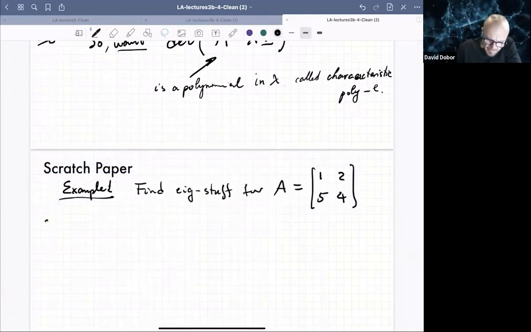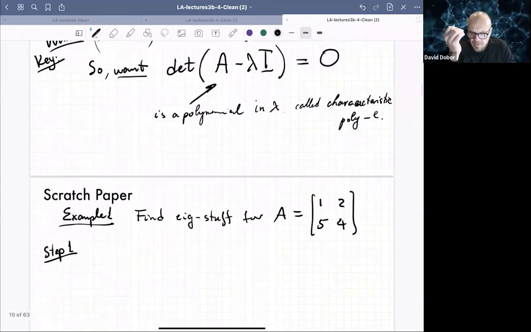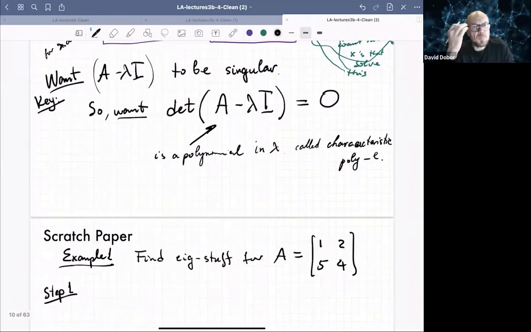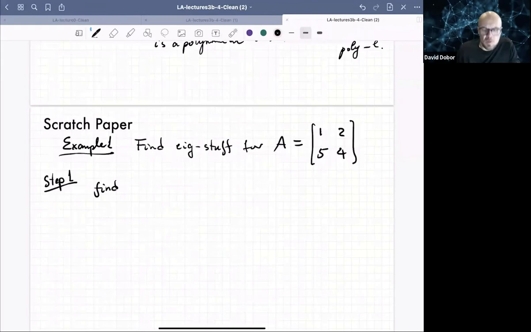Step one, we need to find those lambdas that make the determinant of this thing zero. So compute that determinant and set it to zero and find out which lambdas make the characteristic polynomial zero.